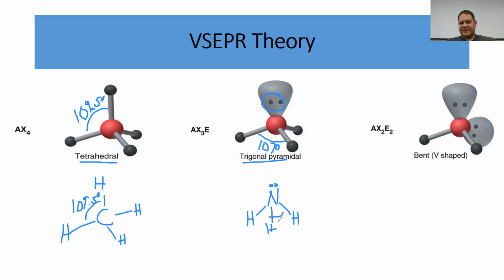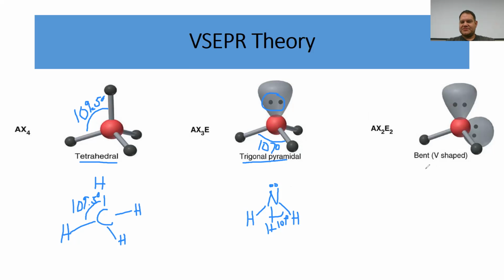So we really have 107-degree angles between these bonds. Okay. By the way, we do not worry about the bond angle between a lone pair and a bonding pair. So we don't deal with angles there. Only angles between actual bonds or bonding pairs, okay? So there is a trigonal pyramidal.